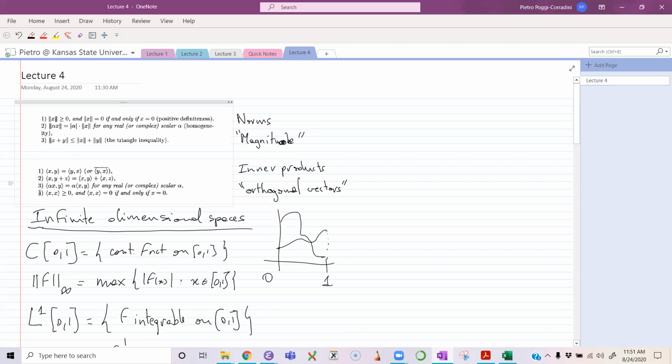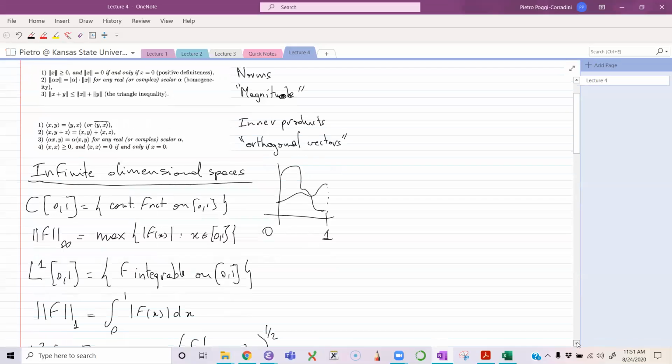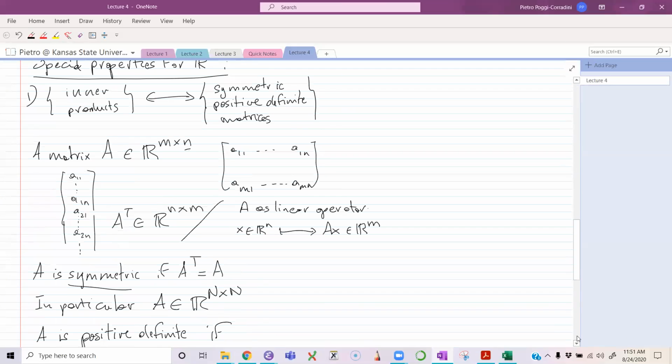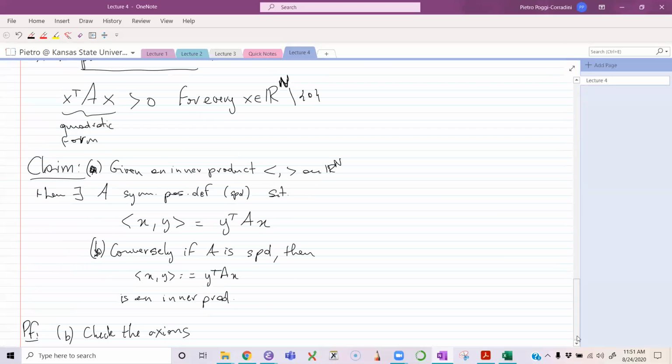So number 4 is exactly the positive definite property. And number 1 is exactly the symmetry property. And 2 and 3 are the linearity. So it's really simple to verify these things.